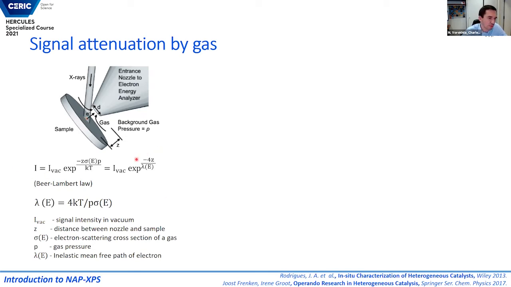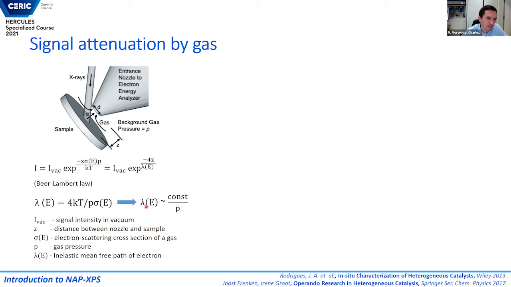Here are some calculations. You simply use the Beer-Lambert law for absorption of electrons coming through some environment.